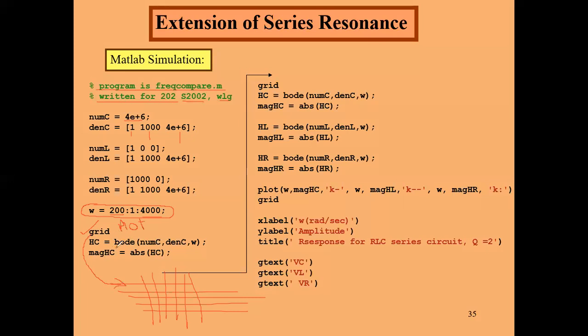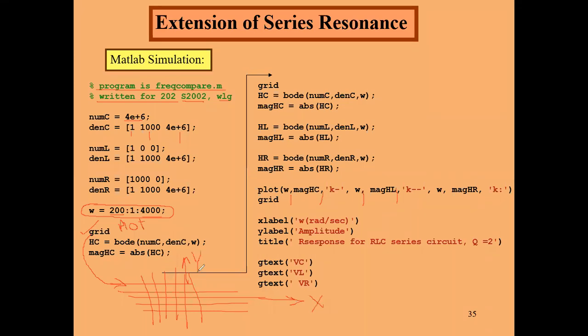HC is equal to the numerator C, the denominator C, and W. When we find the grid values, we are able to plot W, the magnitude of HC, then omega and the magnitude of HL. Firstly, we have two axes: the x-axis, the horizontal axis, and the y-axis, the vertical axis.